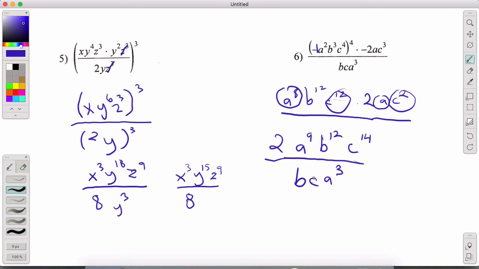Okay, we're almost finished with this problem and with our video. So let's start canceling. 3 a's in our denominator. We'll cancel out 3 of these. One b in the denominator. We'll cancel one of those. 1 c in our denominator.